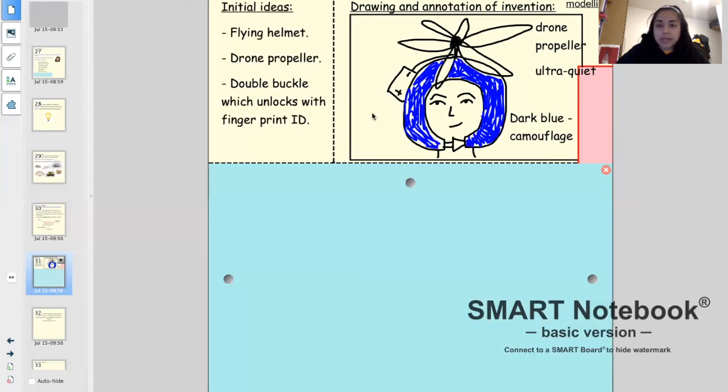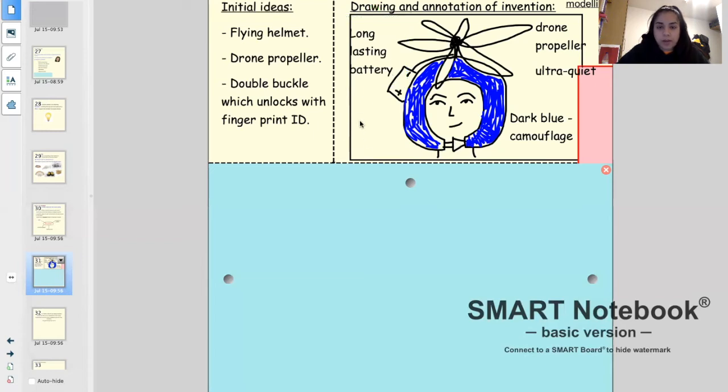I've got a battery here, and I'm going to explain to Stanley when I write my pitch that it's a long-lasting battery. And finally, I've got the double buckle.